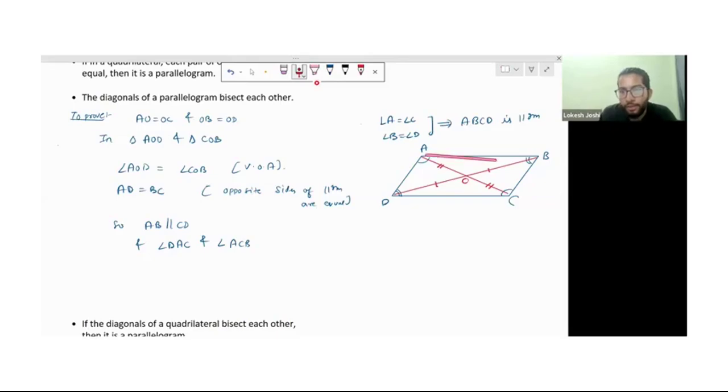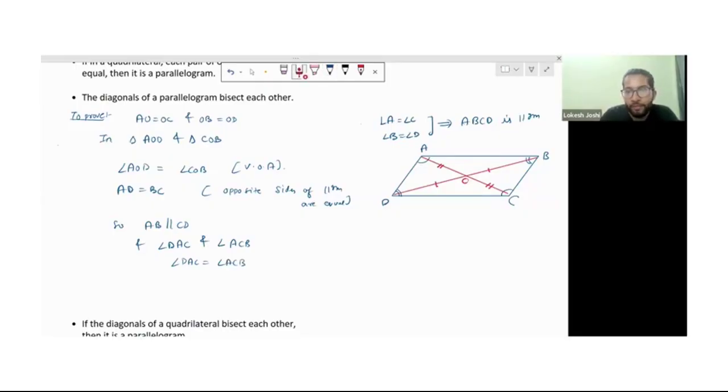These two are parallel and these two are also parallel. So if I draw like that, then this angle should be equal. So we can write angle DAC is equal to angle ACB.